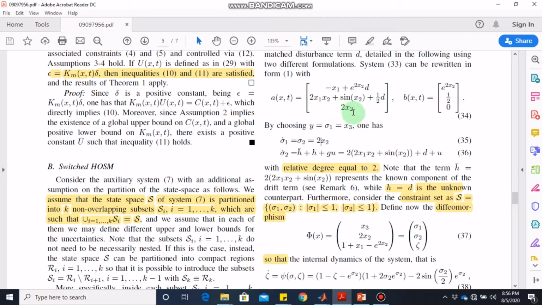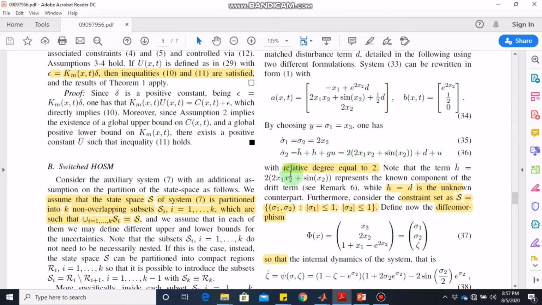So the derivative of x2 is this whole thing, and if you take the derivative of x2 and multiply it with 2, that becomes the derivative of sigma 2, which is the derivative of the second sliding surface, which is written here.